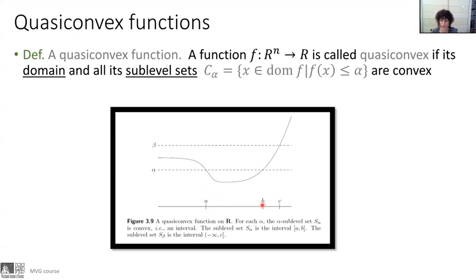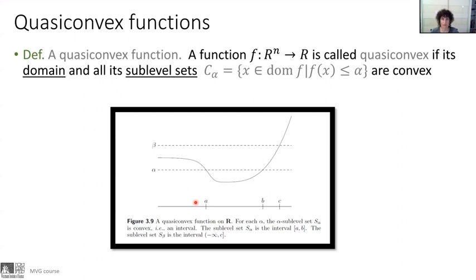It's okay? Yes, I didn't understand why beta is also convex. Okay, let's see. Let's look at beta. What values? From here to -infinity, right? Yes, but the function is not convex. You said they are convex. Good question. That's a good point. This is a quasi-convex function. And the definition of a quasi-convex function is a function that resides on a convex domain and all its sub-level sets are convex.